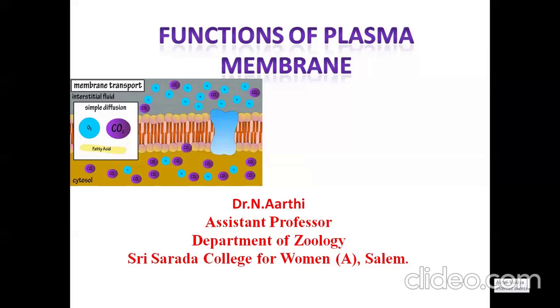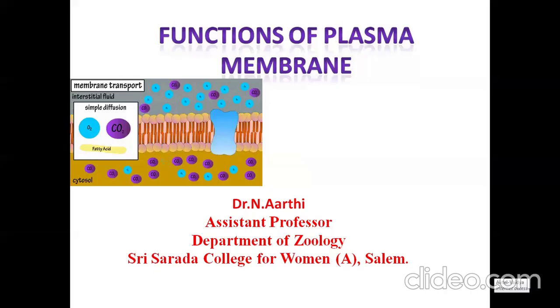And in this video, we are going to discuss the functions of the plasma membrane. The plasma membrane is a thin, elastic, semi-permeable membrane that serves as a boundary for the cytoplasm.